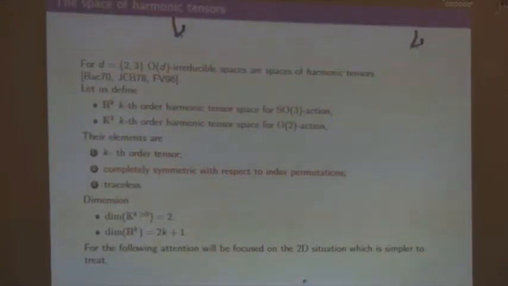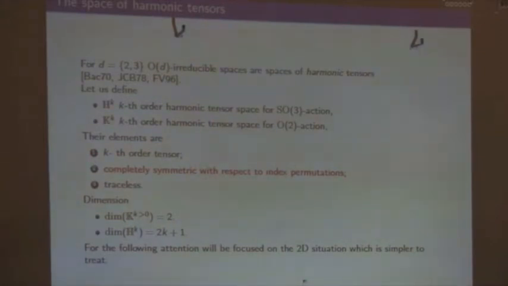So here, I would say that harmonic tensors are the elementary building blocks of the tensors we are interested in with respect to rotation. So I give some characterization of the spaces in 2 and 3 dimensions. So it's the sum of things I just said.